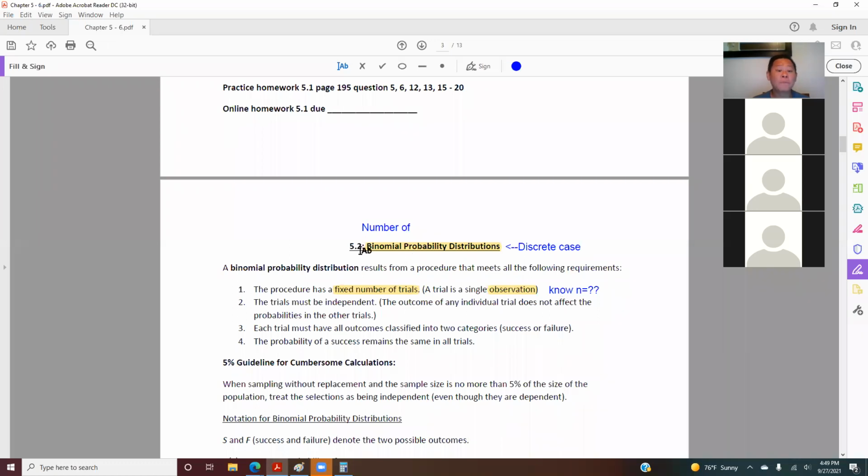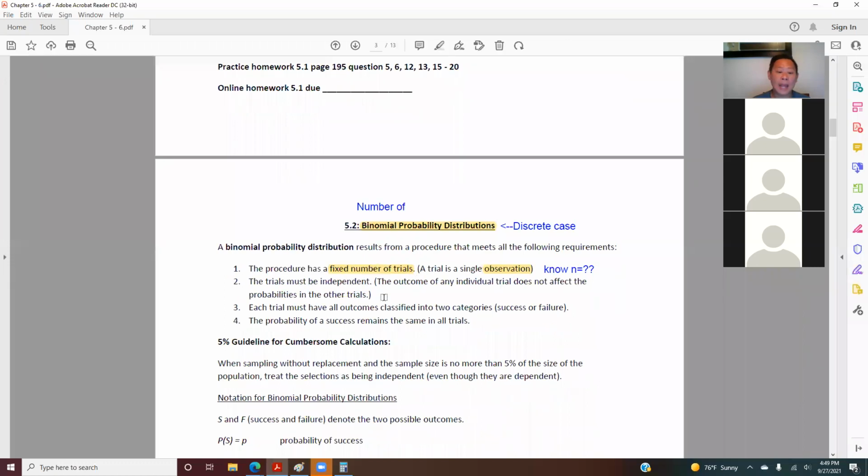The next requirement is that the trials have to be independent. What do we mean by independent? Independent means that the outcome of one trial does not affect the probability of other outcomes. For example, it's like having kids. Let's say your first kid is a girl.